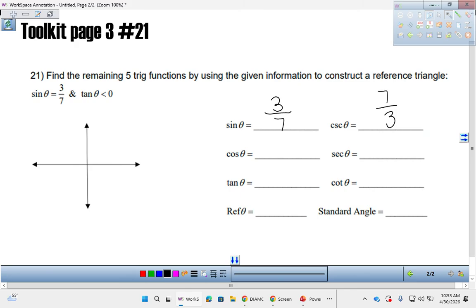If I wanted to solve this equation right here, to get theta by itself, how could I get rid of the sine? When you're solving for an angle, how do you get rid of the trig function? There's a button on your calculator for it.